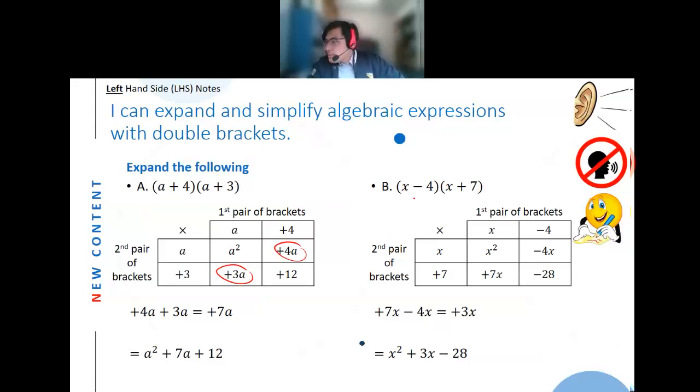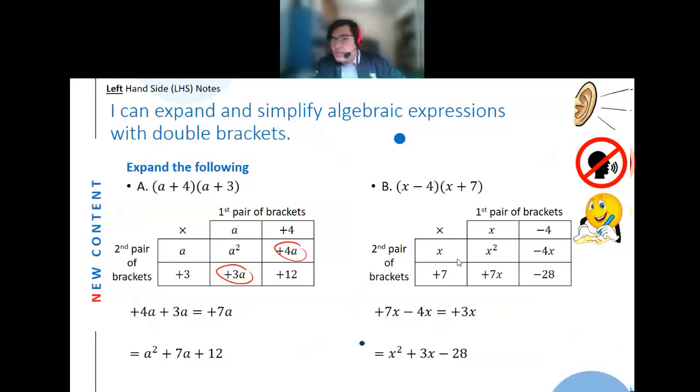Then we've got next one, x minus 4 in brackets times x plus 7 in another pair of brackets. So we have x minus 4 up here, then we have x plus 7 down this column here.